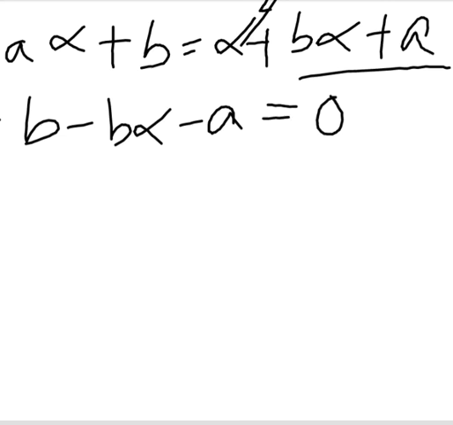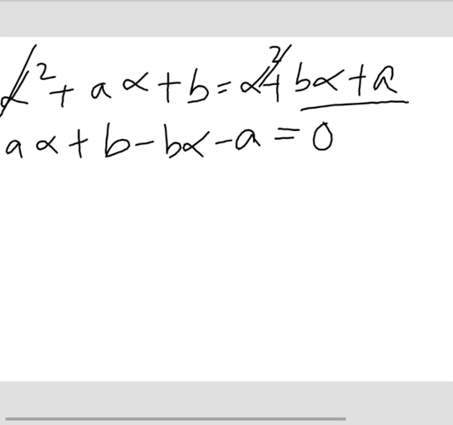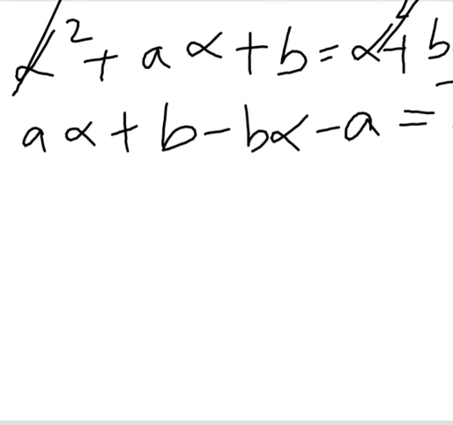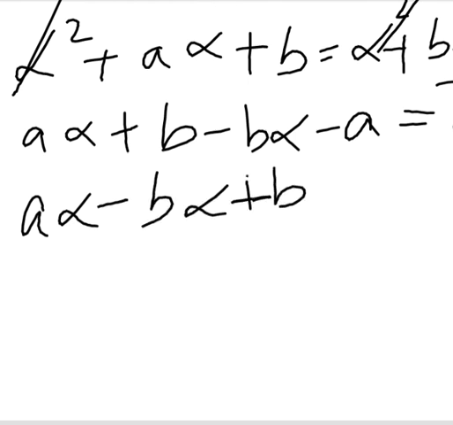Let's rearrange. We can just put a alpha and b alpha next to each other. So a alpha minus b alpha plus b minus a is equal to 0.